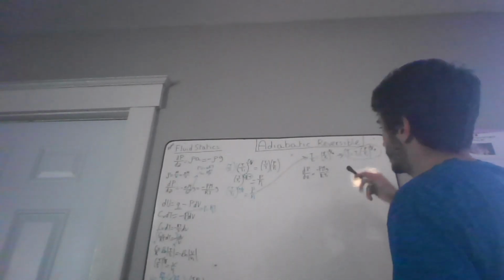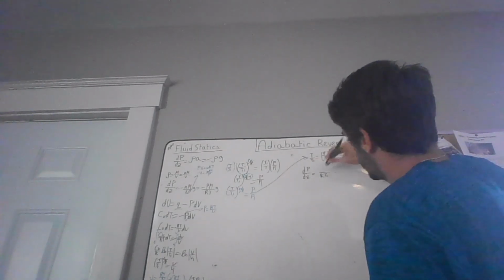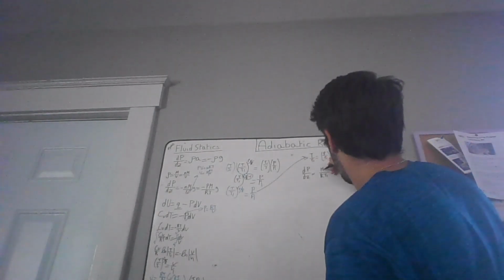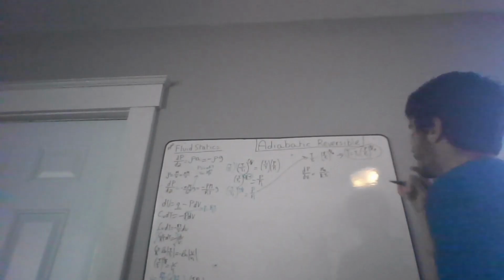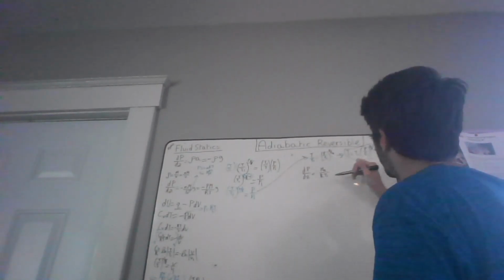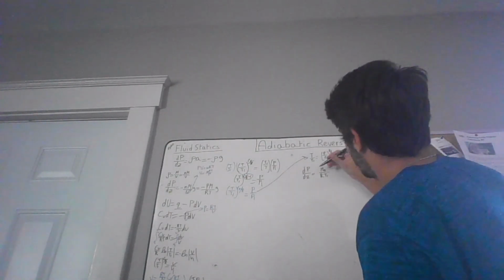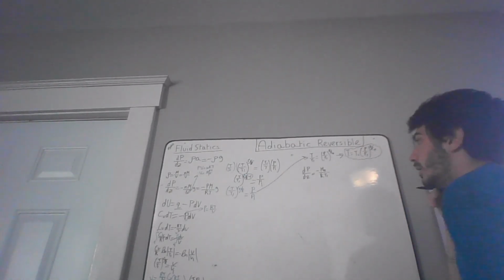Then I have to multiply this out, so I'm going to take this pressure out of the top and make this Mg, and then I have to remember I have a negative here, so I'm going to keep the negative out for now.